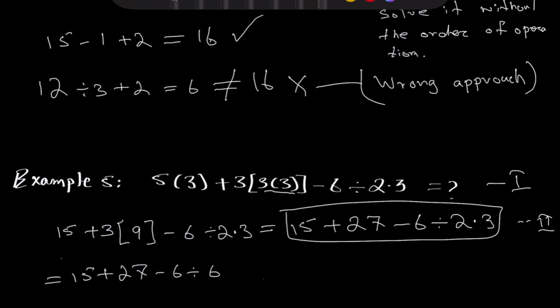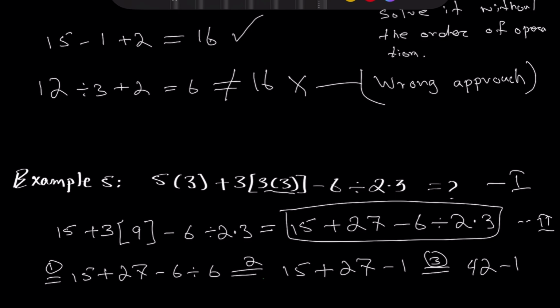So this was step 1. Now step 2 will be to do the division: 15 plus 27 minus 6 divided by 6 is 1. Now step 3 will be to simply add and subtract together. So 15 plus 27 is what? 42, minus 1.